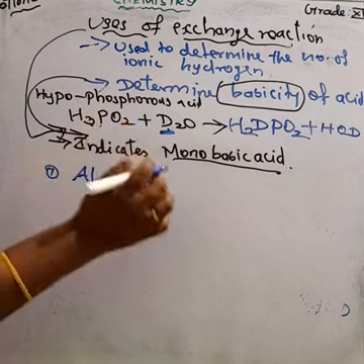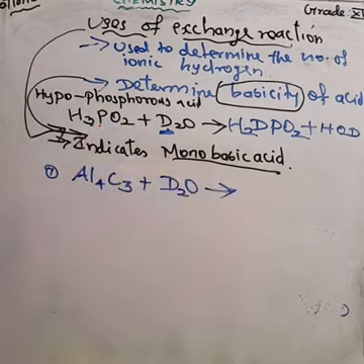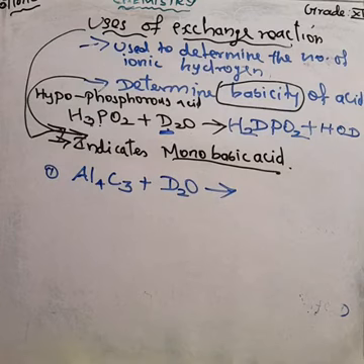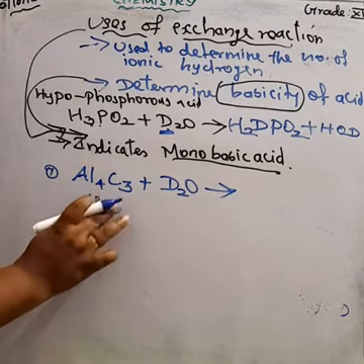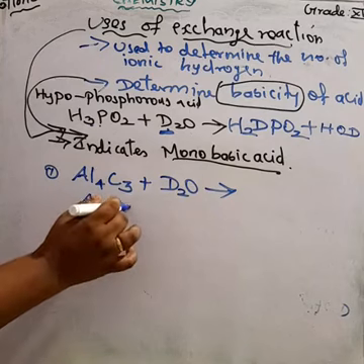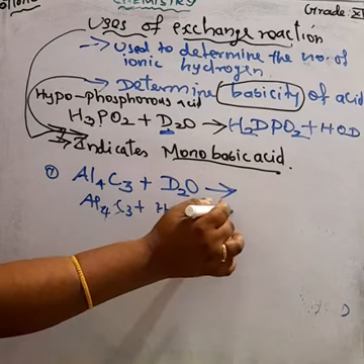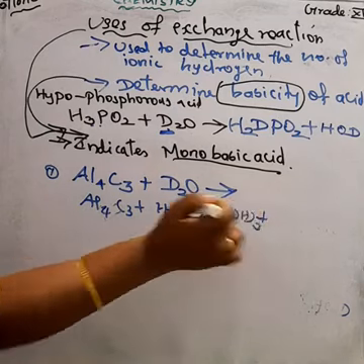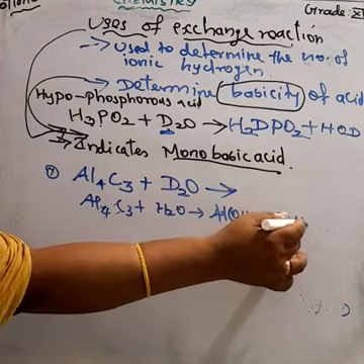Al4C3. When it reacts with the deuterium oxide, heavy water, D2O, we get aluminium deuteroxide. When aluminium carbide is treated with ordinary water, H2O, we get aluminium hydroxide, Al(OH)3, and methane, CH4.